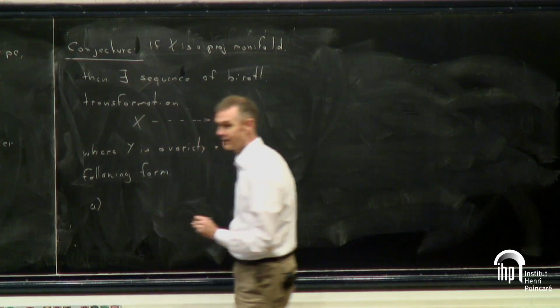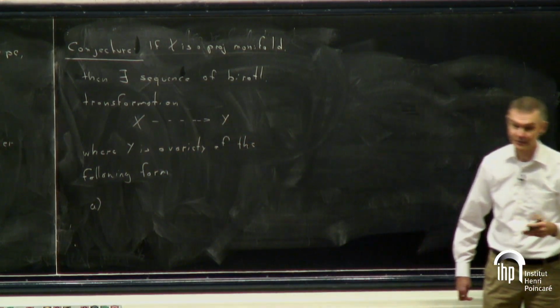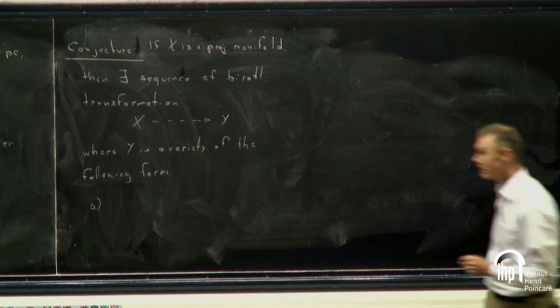Namely, A, Y is a fiber space, and the typical fiber is a Fano variety.